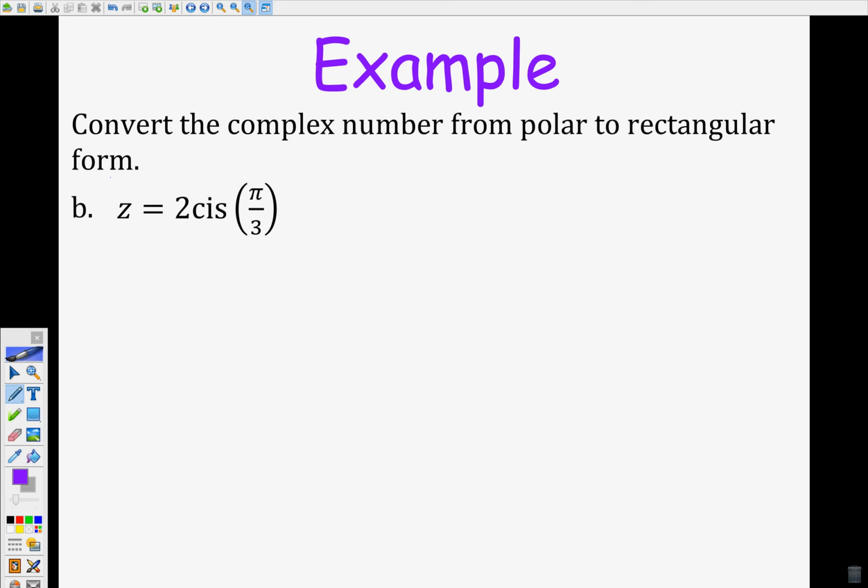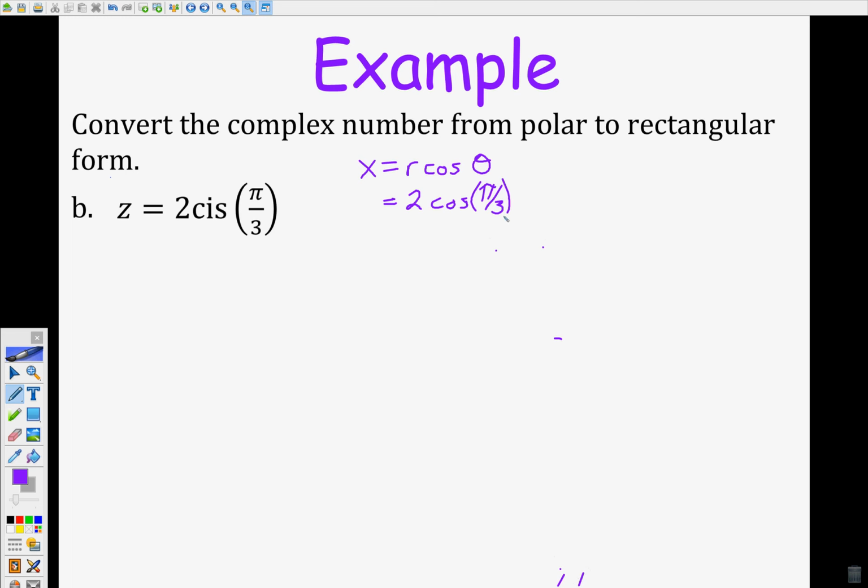Try one more, because this time we're going to be in radians. So in this case, we're going to do the same thing, and we're going to say that x is equal to r cosine theta. So r is 2, and cosine of pi over 3.